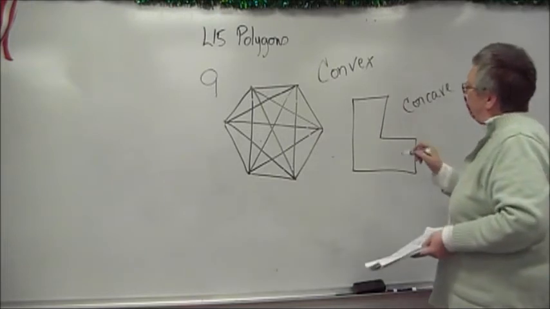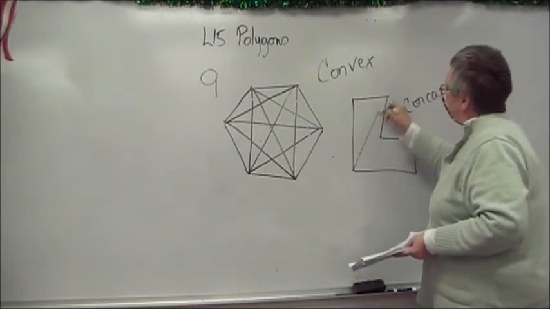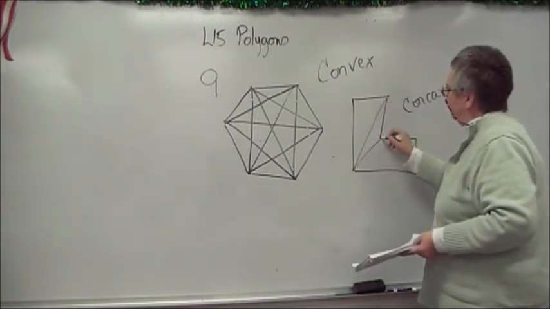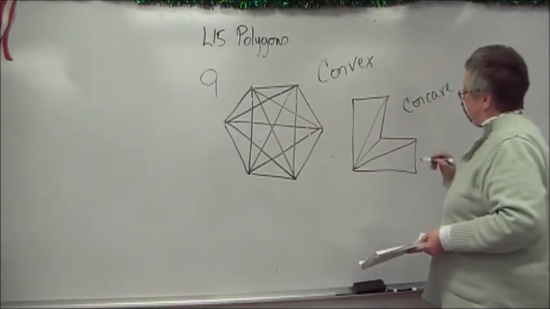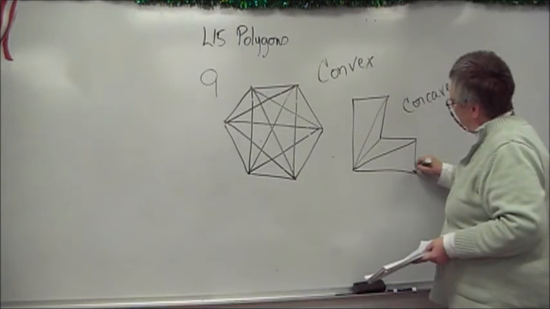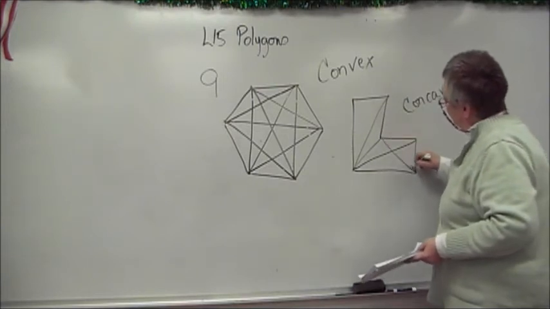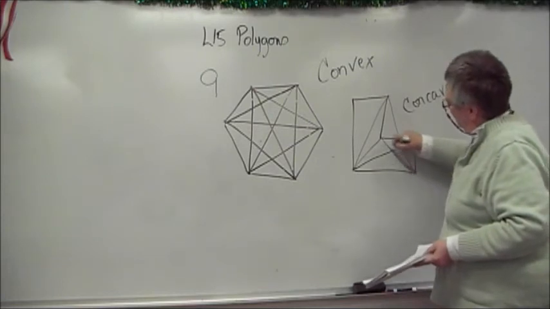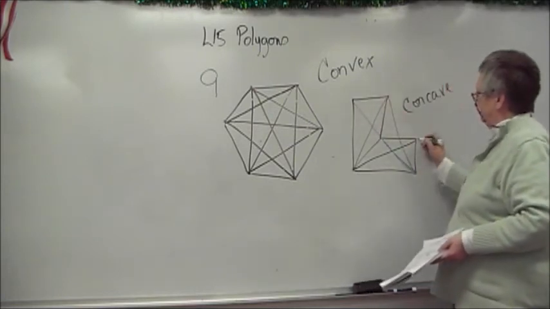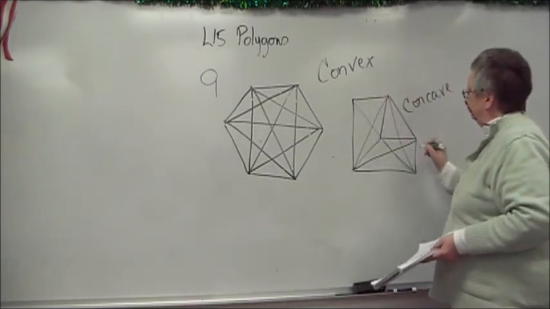Now looking at this one, if you notice, I can still draw the same amount of diagonals. But if you're going on this one, we go to that. This one's going to go outside to that one. And I got to get all the way to over there. This one would go outside too.